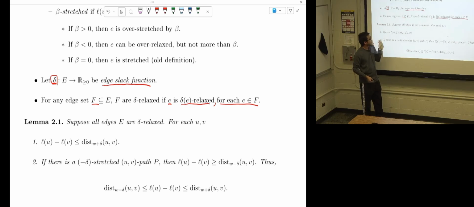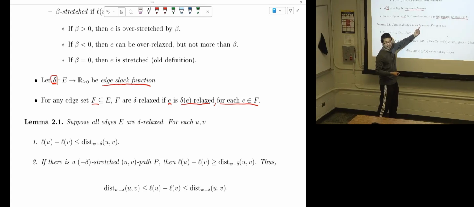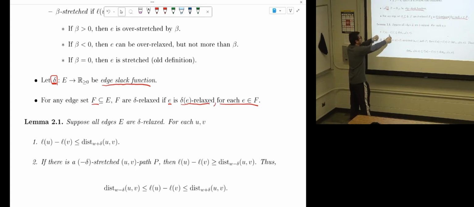Which makes sense, right? It's relaxed, but it can be a bit more overstretched by delta, so it's relaxed up to plus delta.